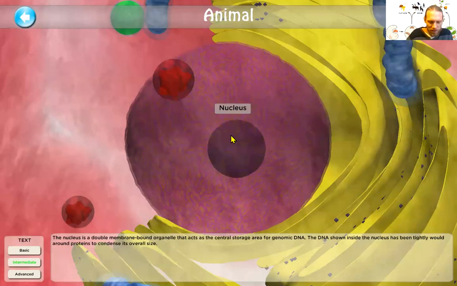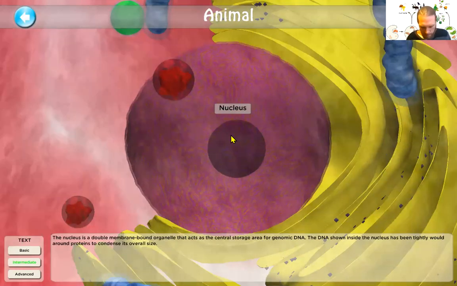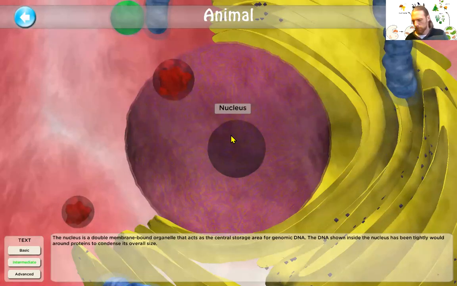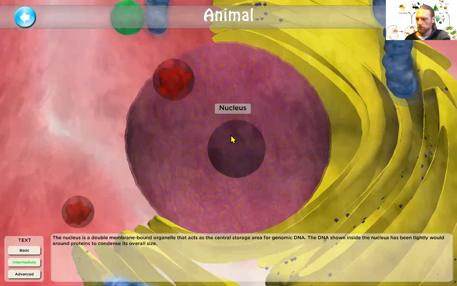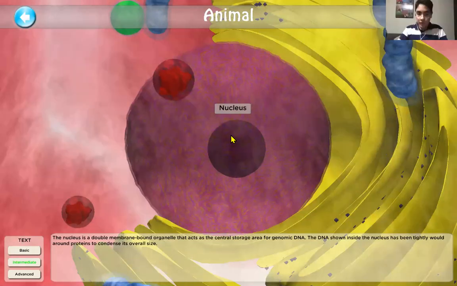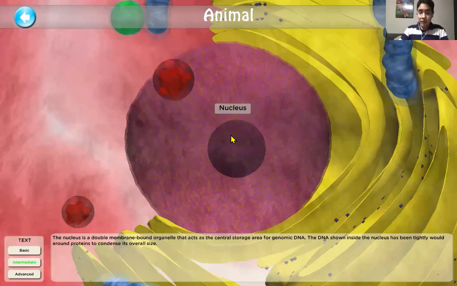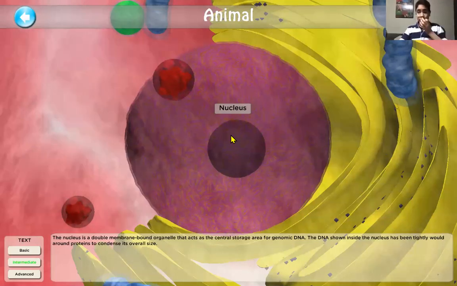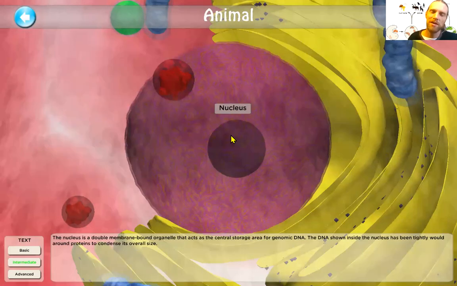So try to use this app. The ones that have proteins. No, the nucleus has no proteins. Well, it has proteins, which we call histones, but those proteins the nucleus has are only to package.